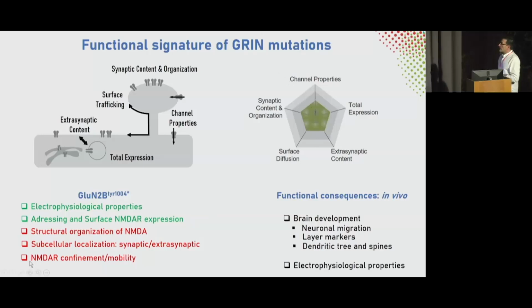Just to illustrate, I show you that this GluN mutation has no modification in electrophysiological properties, no real problem addressing at the surface of the cells, but we see modification of the structural organization of the NMDA receptor, modification of the subcellular localization, synaptic versus extrasynaptic receptor, and also alteration of the NMDA receptor confinement versus mobility at the surface of the neuron.